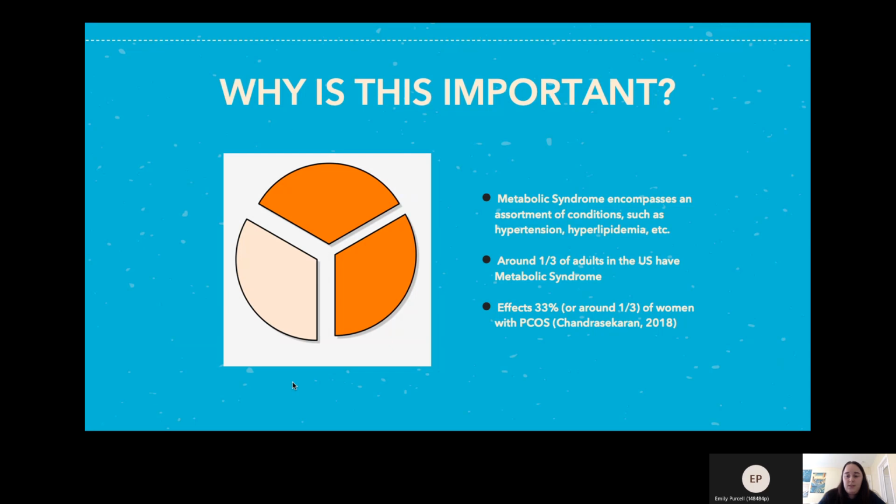Around 1/3 of adults in the US have metabolic syndrome, and metabolic syndrome affects around 1/3 of women with PCOS. So this issue is affecting a lot of people. And it's only becoming more prevalent as issues like obesity and high blood pressure become more common. This is due to people eating more poorly, eating more fast food, having these foods rich in salts and sugars and carbohydrates and fat more readily accessible to them.